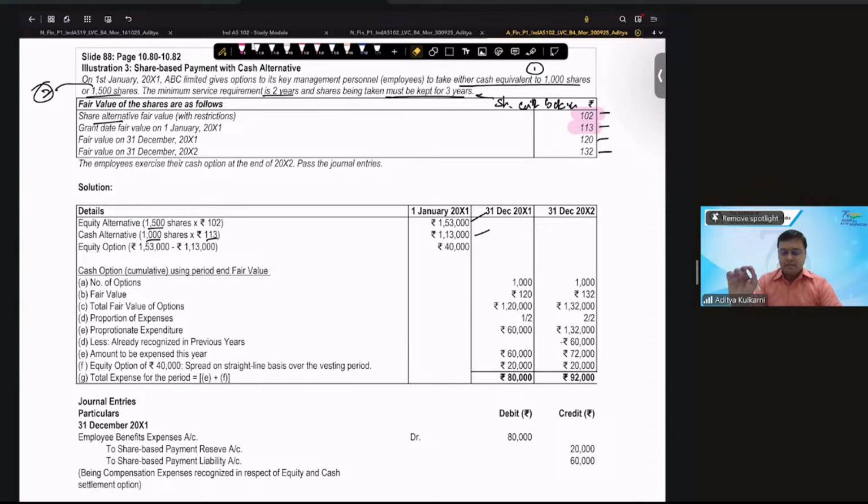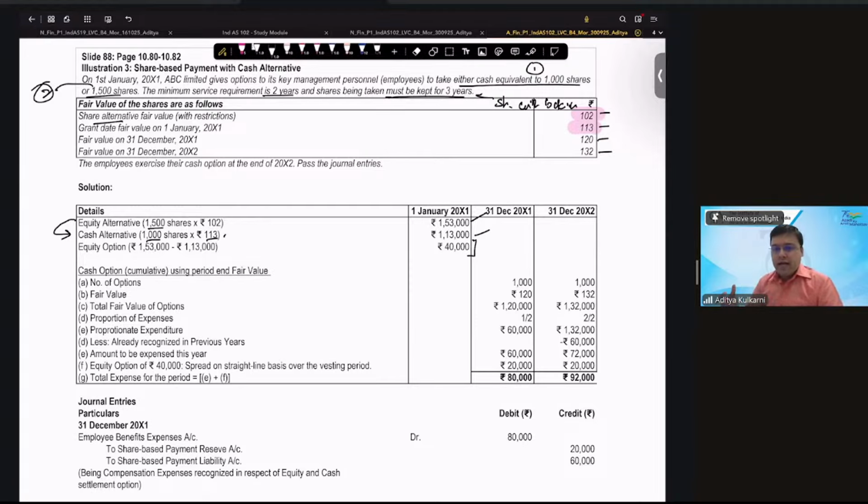The mechanism is you look at the equity alternative given, which has the restricted transfer period. The fair value of that is 1,53,000. Cash alternative value is 1,13,000. This is what Ayush has received. Sanjay is getting something extra: equity alternative minus cash alternative, an equity option of 40,000.